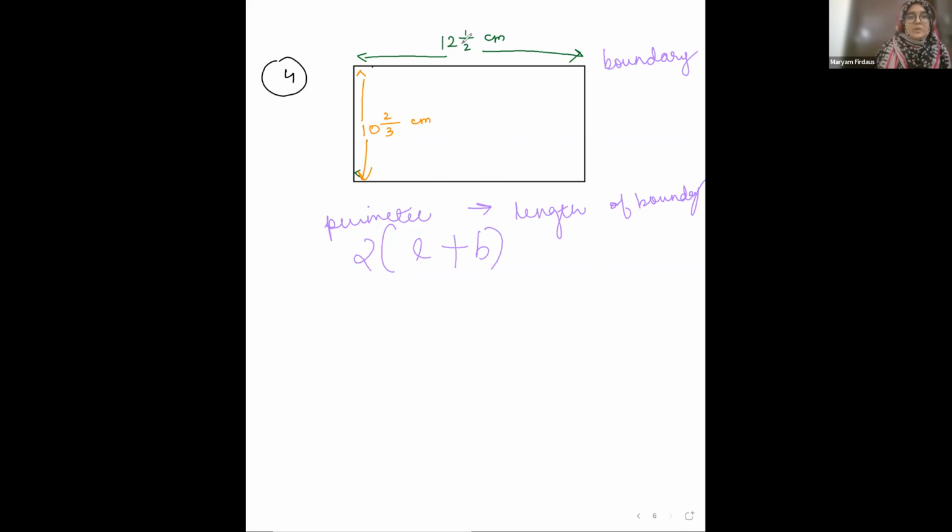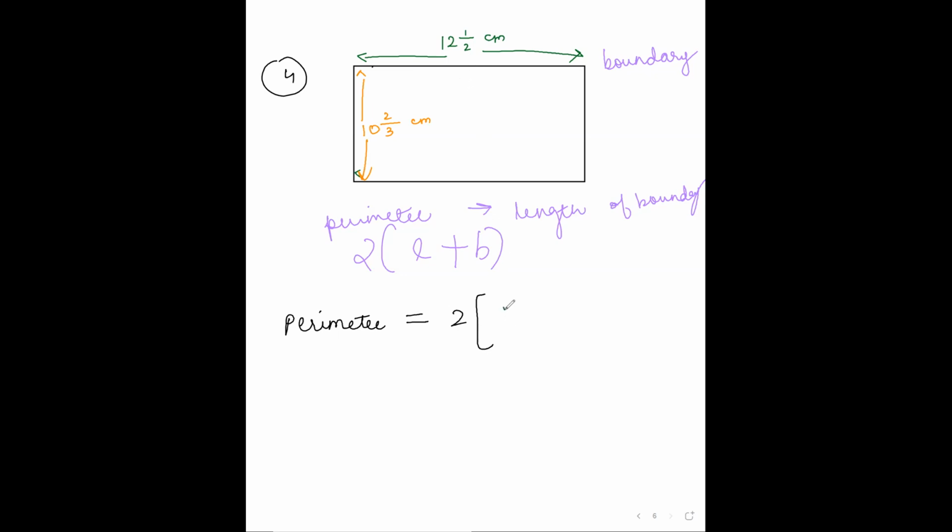Find its perimeter. So, Hiba, how will you find its perimeter? We will do 2 multiplied by L plus B. Very good. So, perimeter of this rectangle is 2 multiplied by, what is L here? The length is 12 and a half.